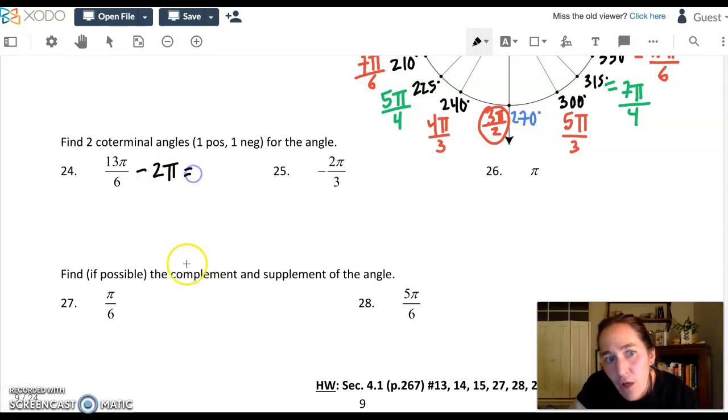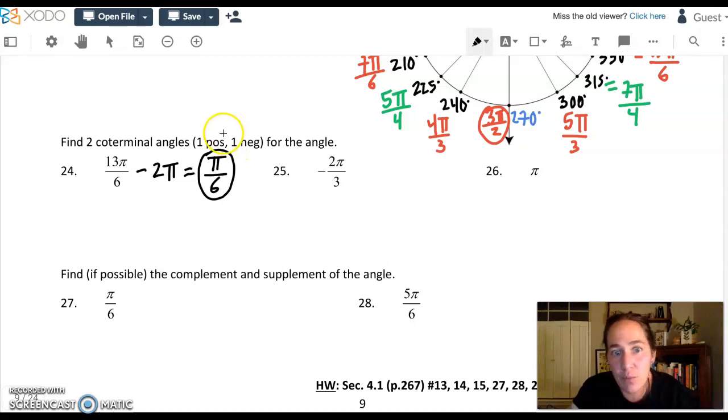And the angle would still fall in the same spot, but I'd have a more reasonable radian measure to think about. 13 pi over 6 minus 12 pi over 6, because that's what it would be over 6, is just going to leave you with 1 pi over 6. So it's much simpler to just say, hey, I'm talking about a 30-degree angle. I'm talking about a pi over 6 angle here when I say 13 pi over 6.